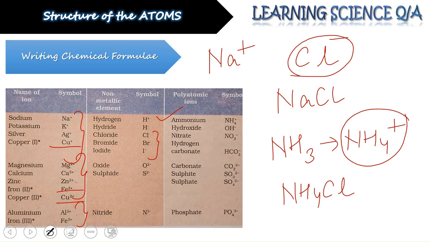Similarly, if we are talking about sodium and OH-, we can easily have a compound like NaOH. What I mean to say is, whether they are occurring as a polyatomic ion or as a simple atomic ion, in that case also, the charge over the ions must be taken into consideration when you are writing a chemical formula.